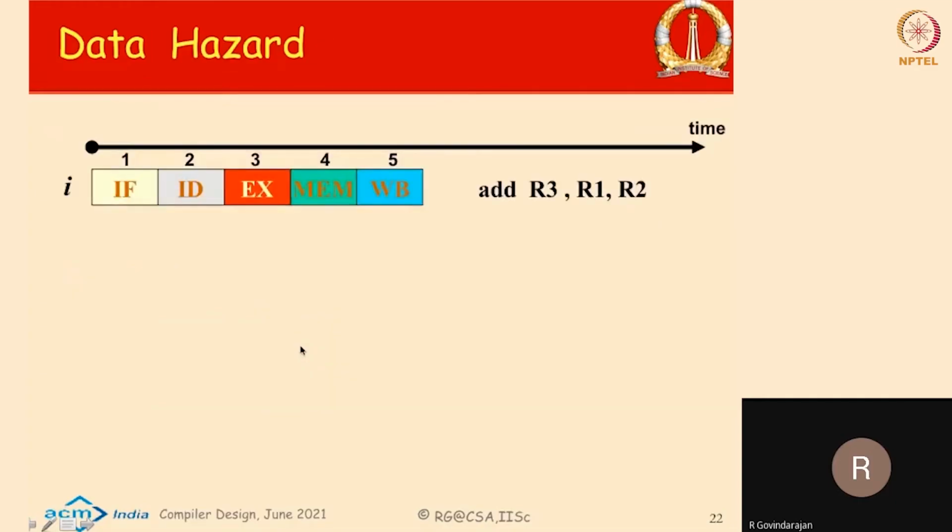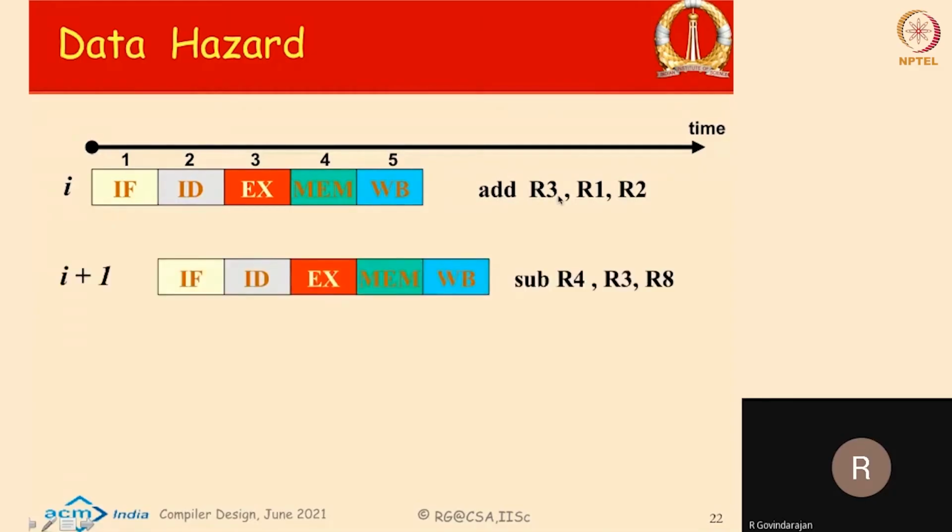Okay, so this is the ideal pipeline in which you have these 5 stages, right? Let's assume that the first instruction you are executing is adding R1 and R2 and putting the value into R3. If the second instruction uses R3 as a source operand, then you can realize that the first instruction is going to produce the value of R1 plus R2 and write it into R3 only during the write back stage.